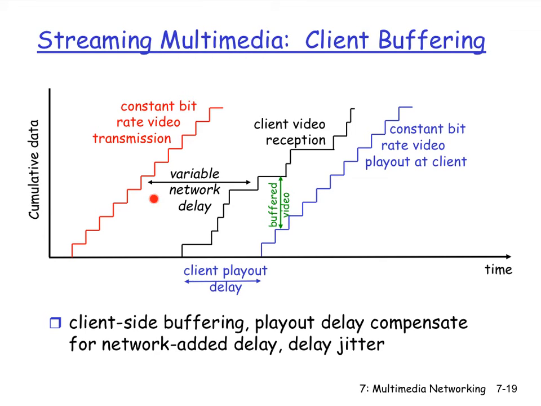However, the challenge here is the variable delay that the network introduces. And as we said, the absolute delay itself is not the problem. The problem is the fact that the packets will arrive at the client side not exactly in the same way that they were generated. If the absolute delay is fixed, I don't care.